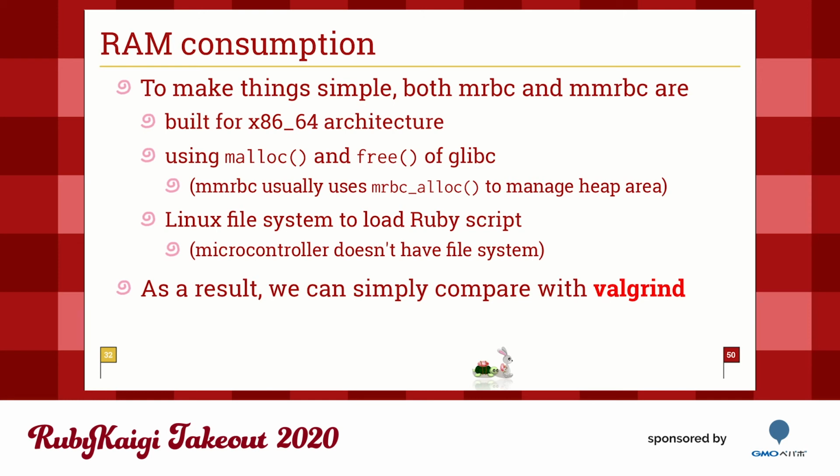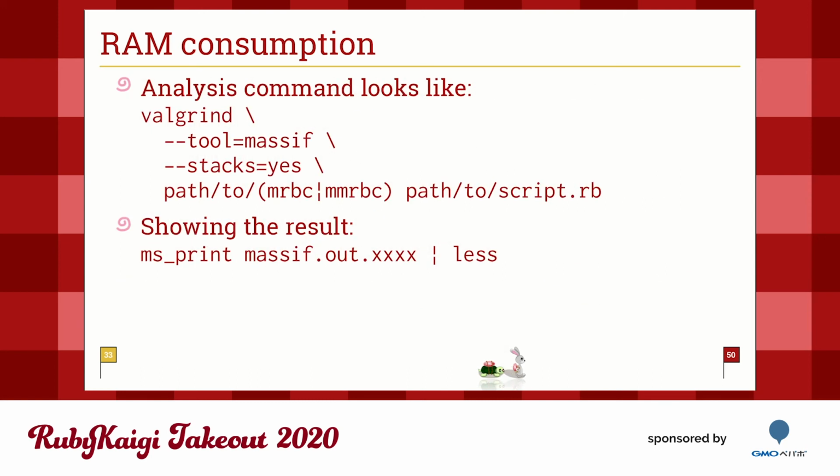Both of them internally use glibc malloc and free in order to be analyzed by Valgrind. Valgrind is a toolset that helps with things like profiling memory or detecting race conditions of multi-threading. The analysis command looks like this. We also use the ms_print command to see the result of Massif.